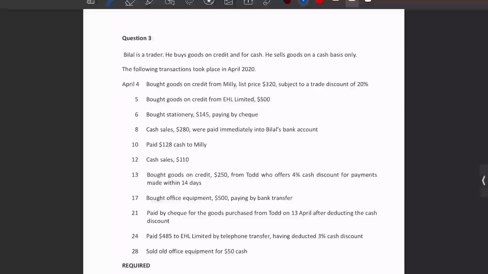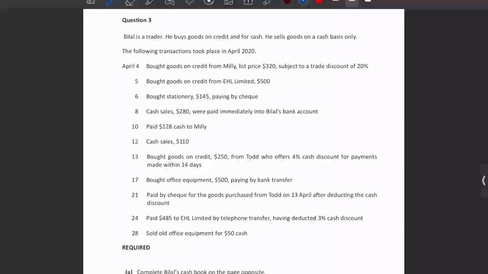Now read the first transaction. April 4th. Read the entire thing and tell me, is cash or bank mentioned there? You are buying goods on credit. When you buy goods on credit, is it affecting cash? No. Is it affecting bank? No, you are buying on credit. Payment will be made later.